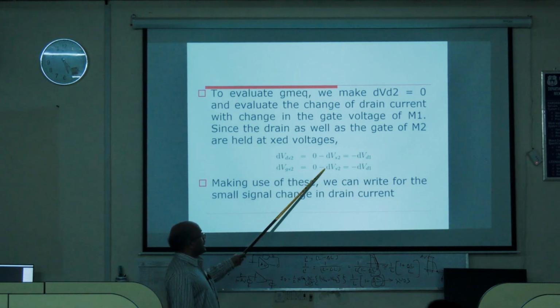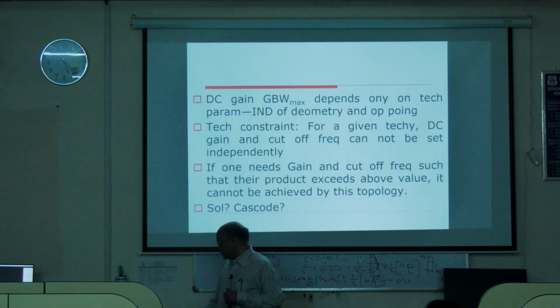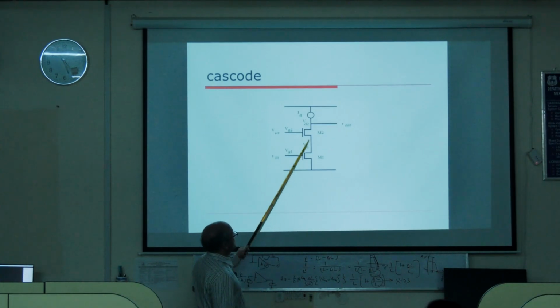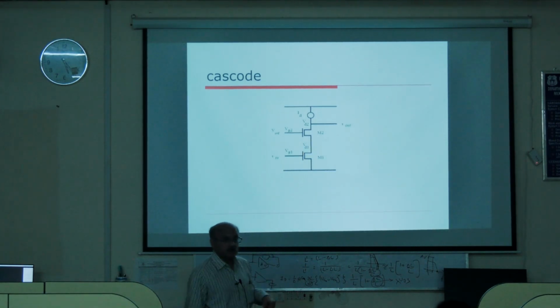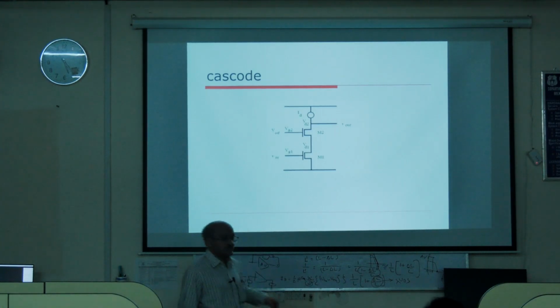Vd2, I know that the source of this transistor is the same as the drain of this transistor. So, Vs2 is equal to Vd1. Am I right or not?